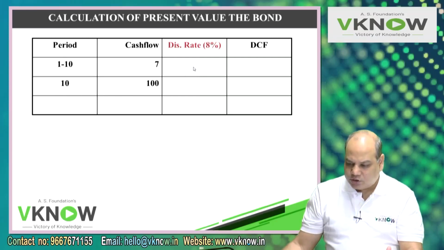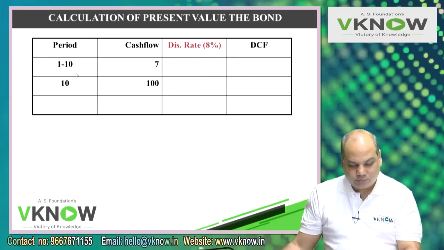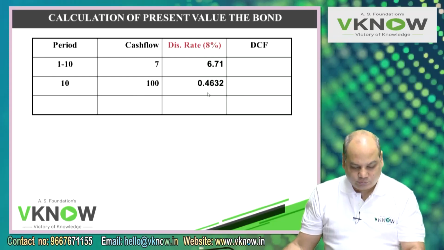Now calculate the discounting factor at 8% and 10 periods. Annuity factor you have to calculate. So it comes to 6.71. 8% and 10th period, it will come to 0.4632.